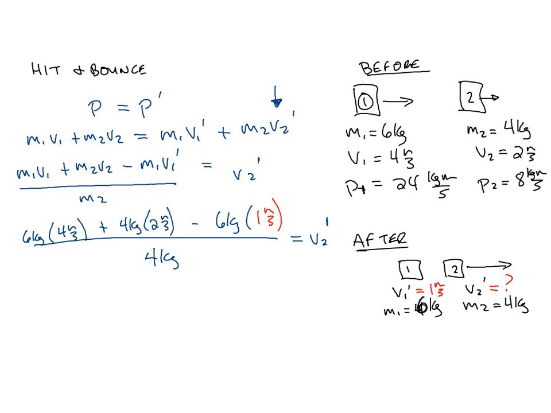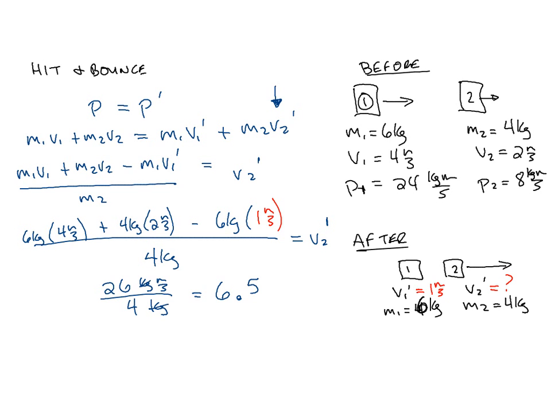6 times 4 would be 24. Add to that the 8, it would be 32. Subtract 6, and I'd have 26. I need to divide 26 by 4. All of these would be 26 kilogram meter per second, units of momentum. Divide by the 4 kilograms there. 4 would go into 26 6 times. 6 times 4 is 24. I'd have a remainder of 2. 2 over 4 would be 0.5.